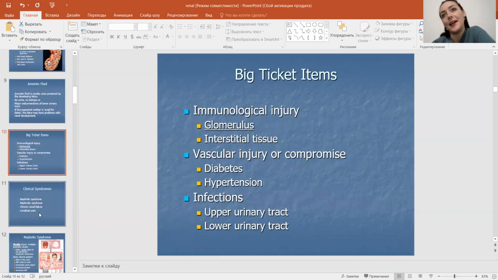Big ticket items: immunological injury of the glomerulus and interstitial tissue, vascular injury or compromise, diabetes or hypertension, and infections of the upper urinary tract and lower urinary tract.